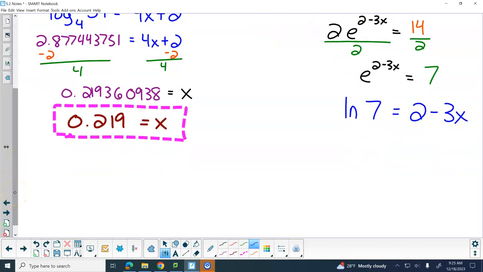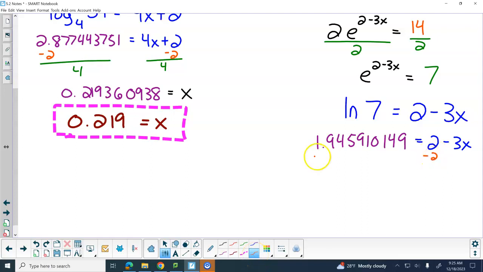The natural log of 7 is 1.945910149. Then I would subtract 2 from both sides. Then I would divide both sides by -3.